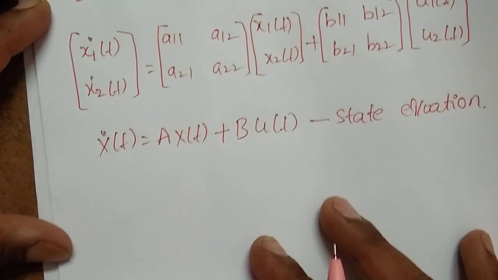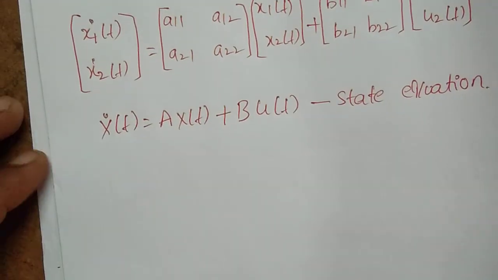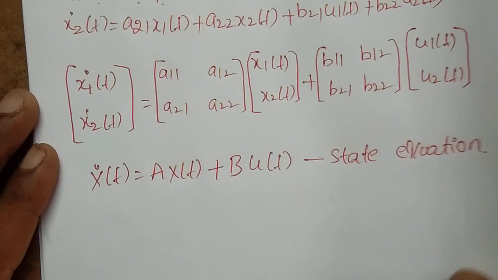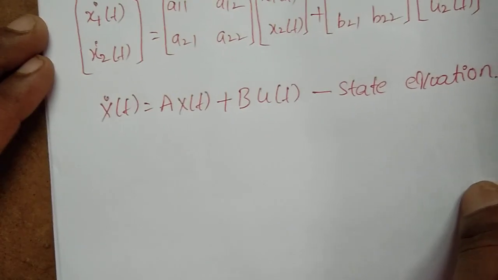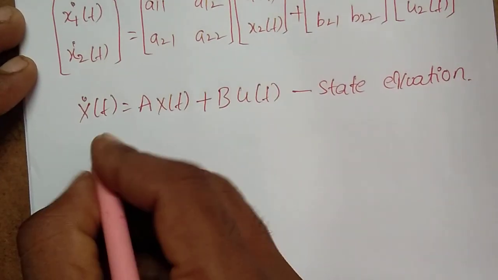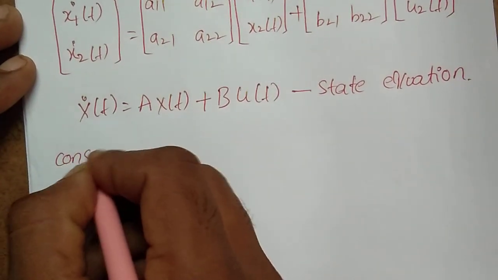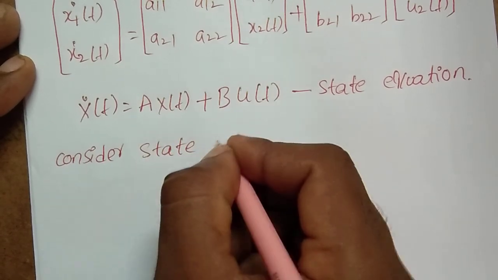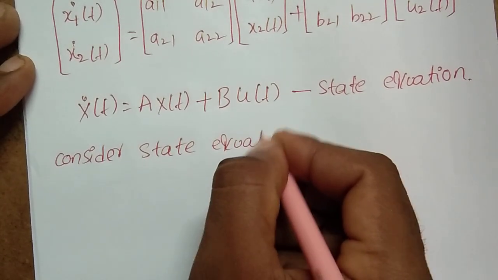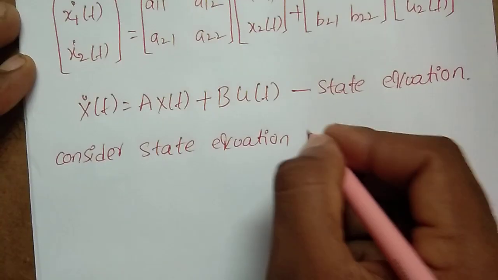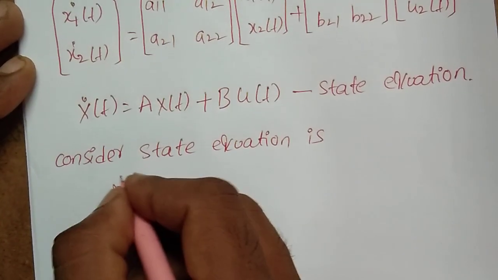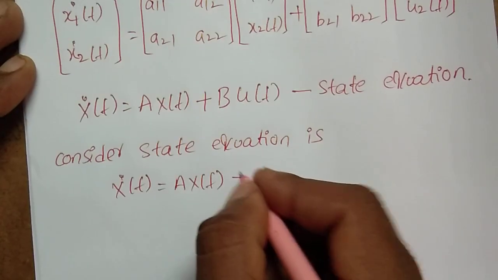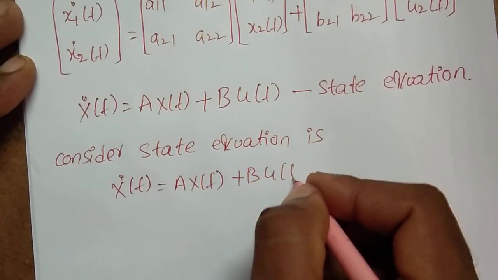By using the state equation and output equation, you can draw the block diagram and design the control system. Consider the state equation: x dot of t is equal to A x of t plus B u of t.